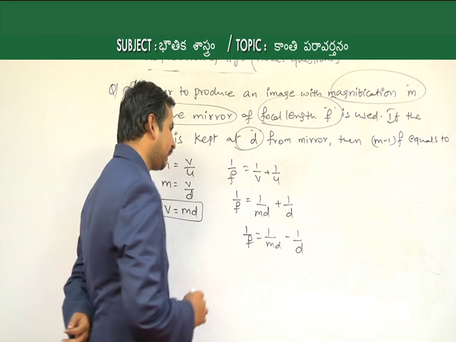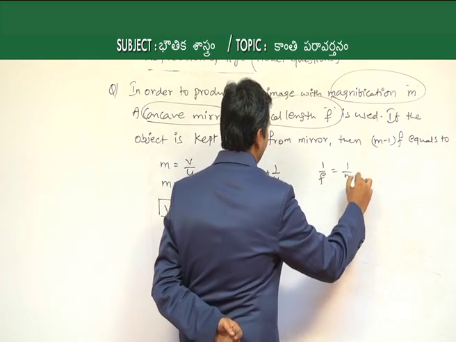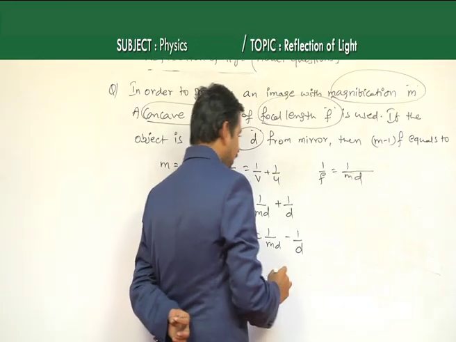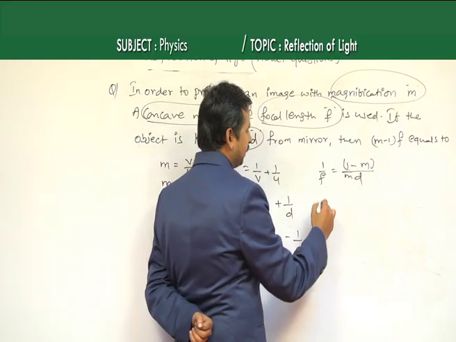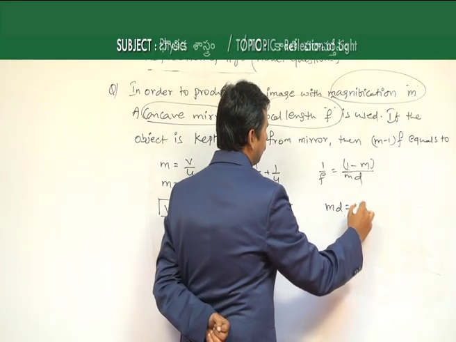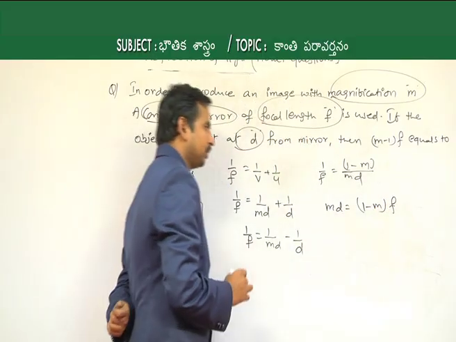Okay. Then if you take the LCM here, 1/f = 1/(m d) times (1 - m). Then if you cross multiply, you will get m d = (1 - m) f.